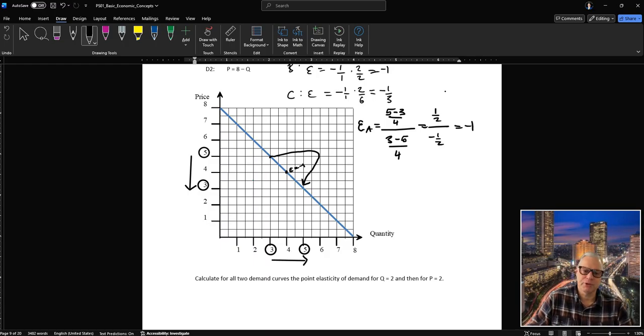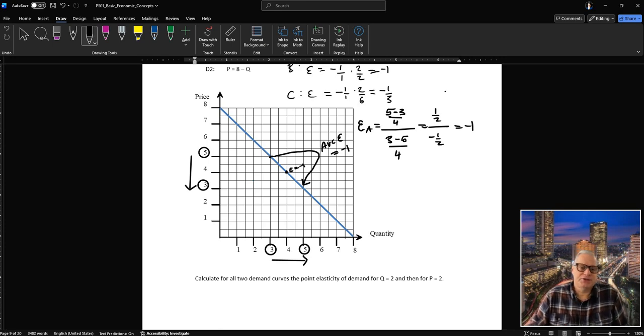So it is symmetric, we go 1 up, 1 down, and that arc elasticity always gives you the same as the point price elasticity. So again, the arc elasticity always gives you the same value as the point price elasticity of demand in the middle of the arc.